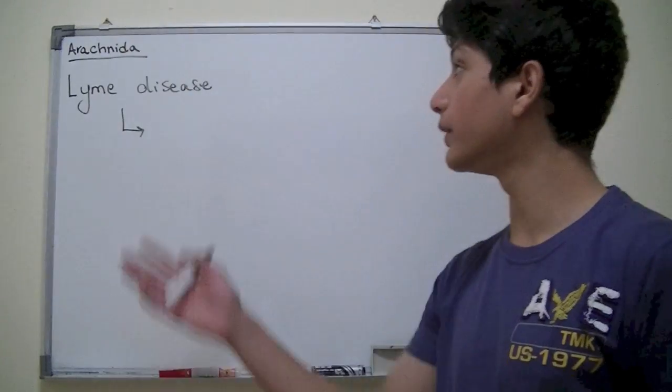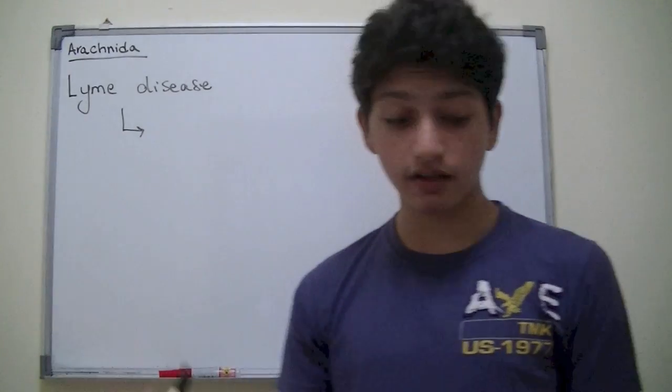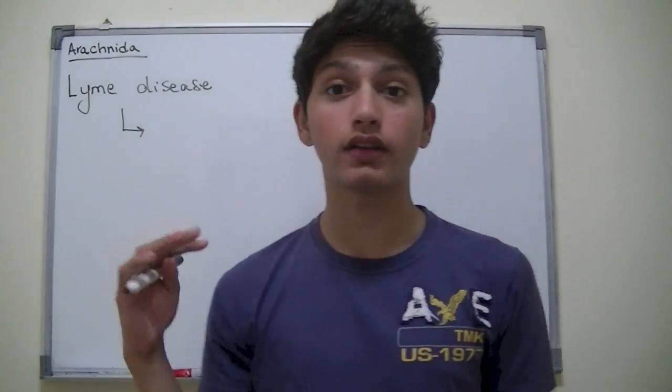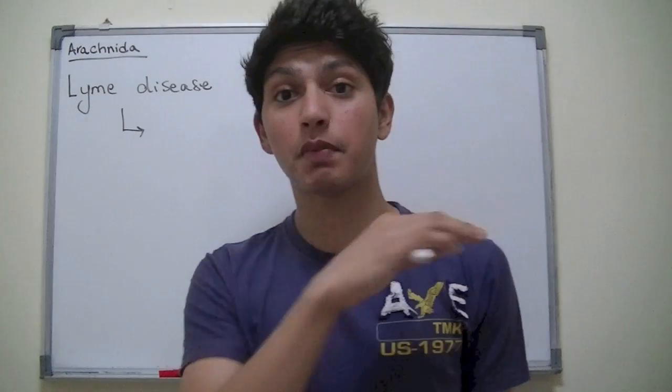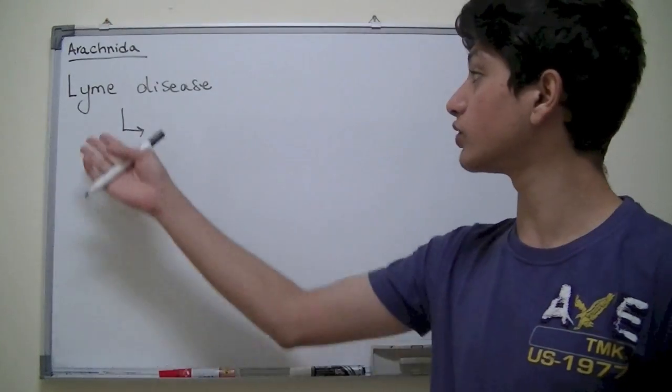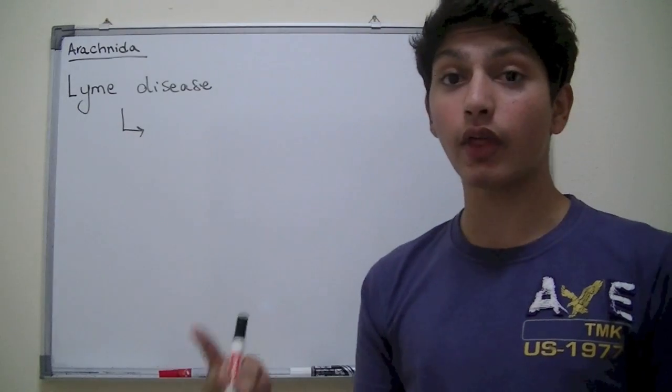So as we mentioned, we'll be talking about arachnida, and like we said before, the bite on your back is actually caused by a disease known as Lyme disease. Now, how is it caused?